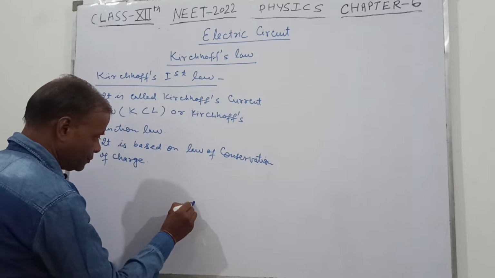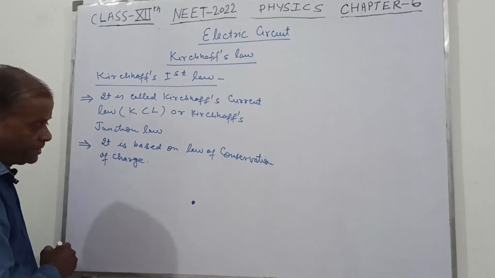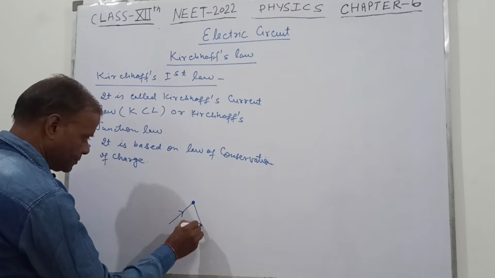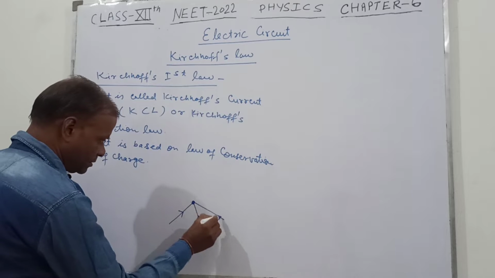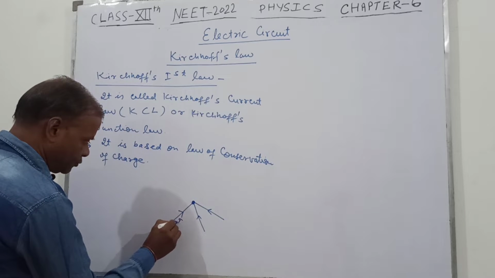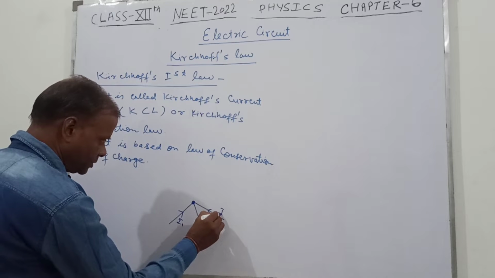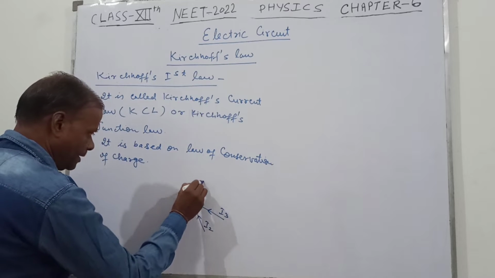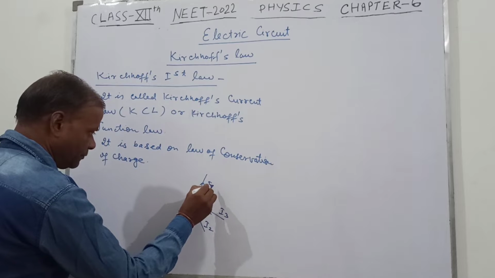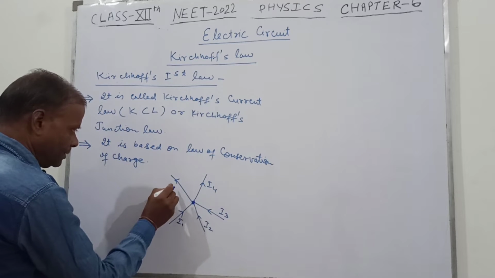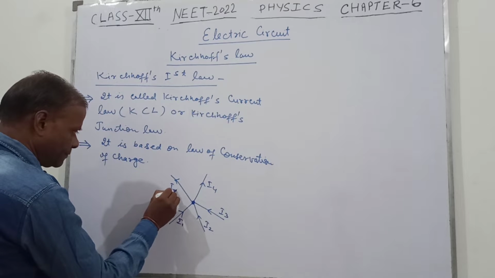Here suppose we have this point and there are some currents which are coming towards this one, I1, this is now I2, this is now I3, and the current going away from this one is suppose I5.